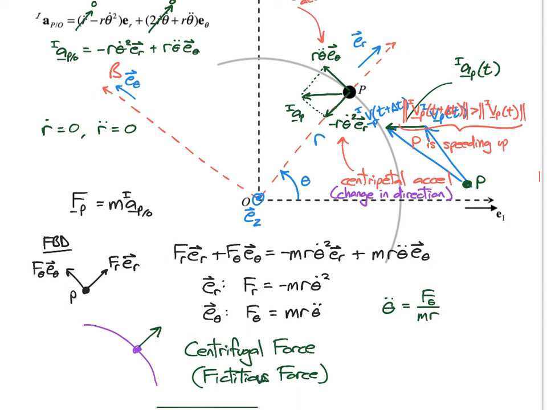The reason why it's a fictitious force is because if you put yourself in the inertial reference frame again, if you're watching the car go around the curve, we don't see an actual force that would be trying to pull someone out of the car. But if you're inside the car, in a non-inertial reference frame, you feel that tug that's pushing you to the outside of that radius.